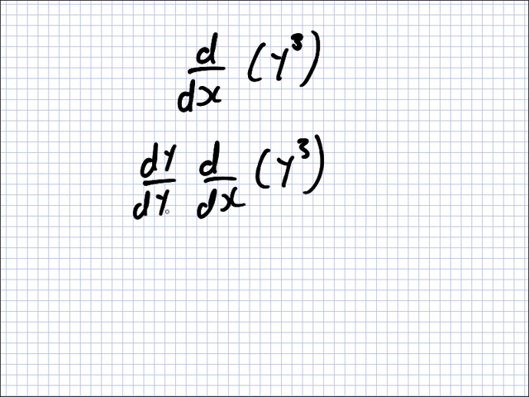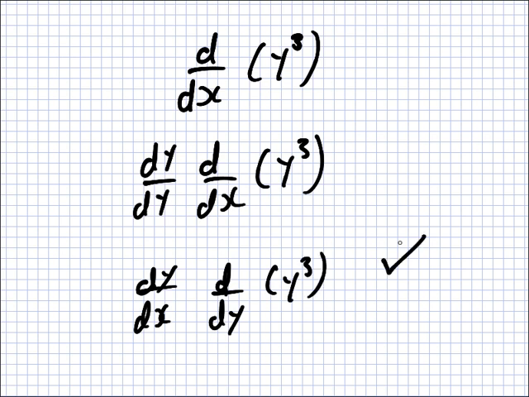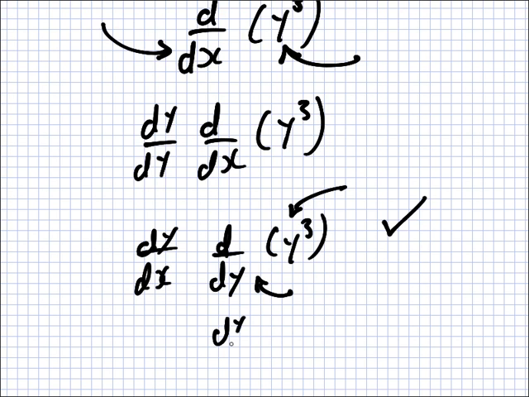And then I swap the denominators because they're being multiplied. So that's dy over dx, and then this is d over dy of y cubed. Now this part is actually okay. The reason it didn't work earlier is because this variable is y, and this one is x. It's the wrong match. Whereas now this is y, and this is y. So the answer will be dy/dx times 3y squared.